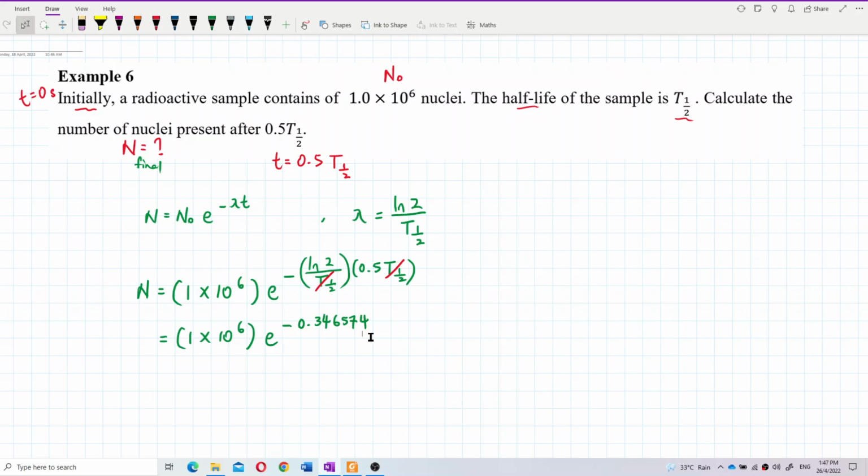My answer is 7.071 exponent 5 radioactive, or unstable, nuclei remaining.